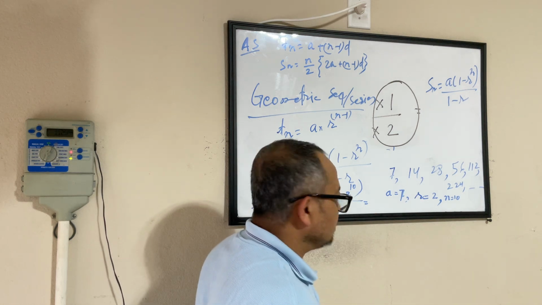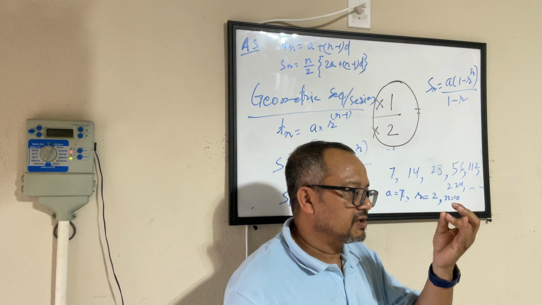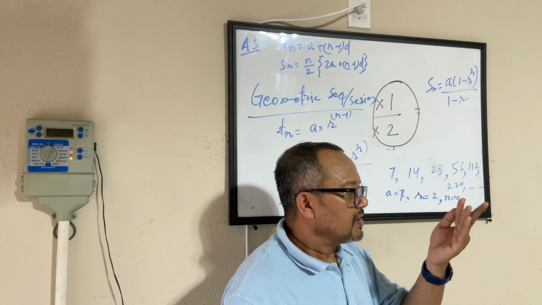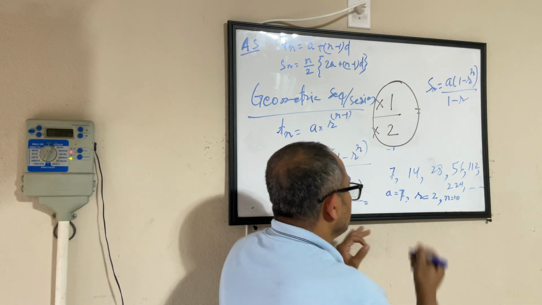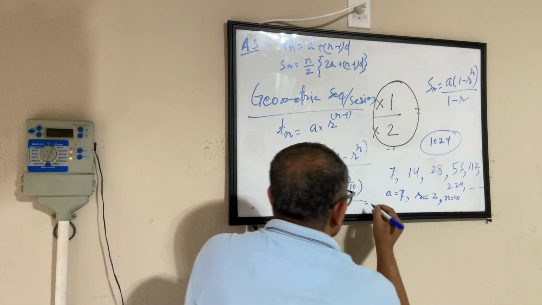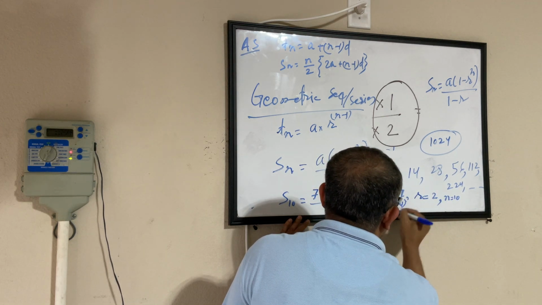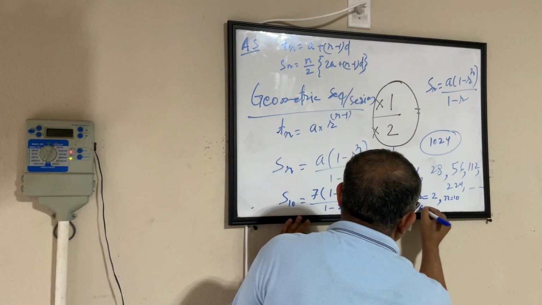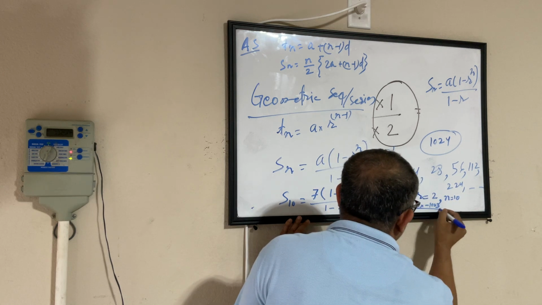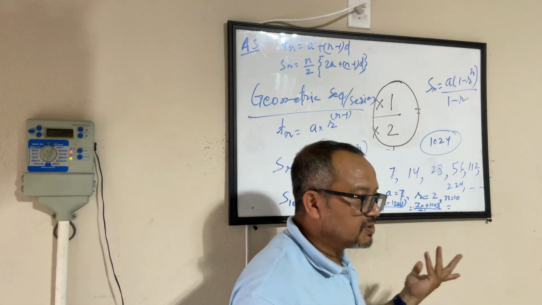Then we'll find 2 to the power 10: 2, 4, 8, 16, 32, 64, 128, 256, 512, 1024. So this is 7 into 1 minus 1024 divided by minus 1. This becomes 7 times minus 1023, divided by minus 1. So the minus gets cancelled out, and 7 times this value is what your answer would be.